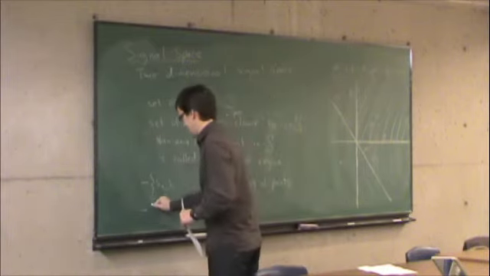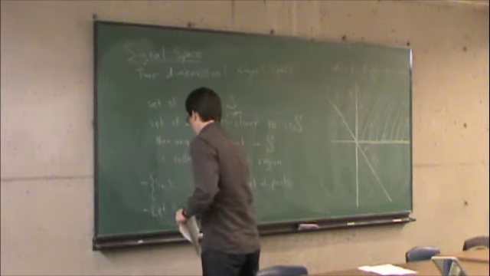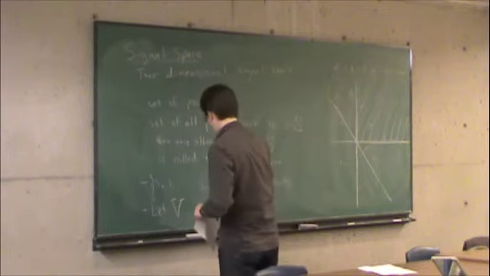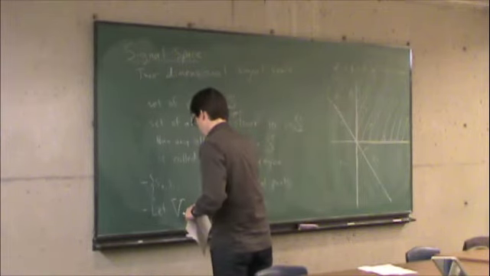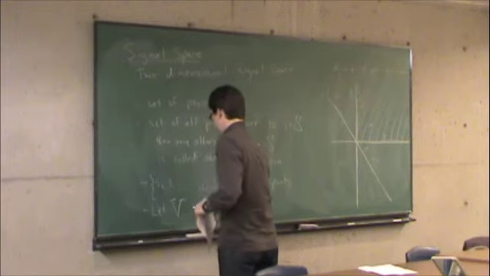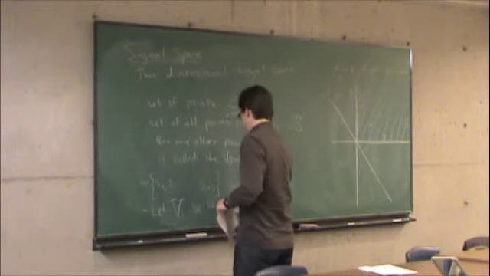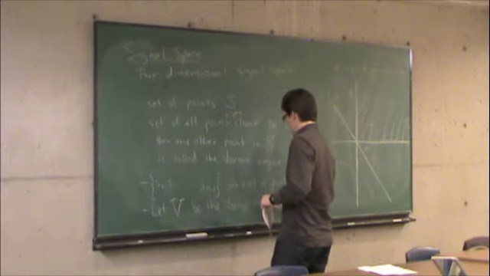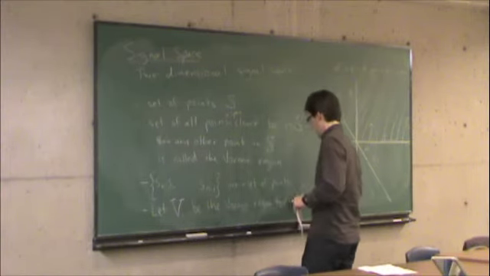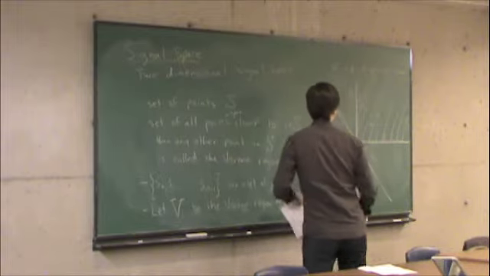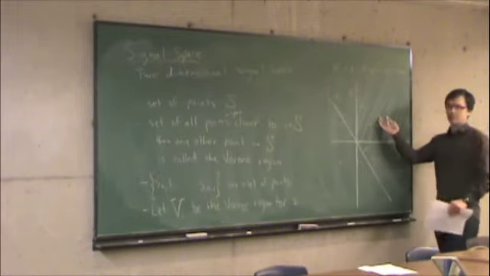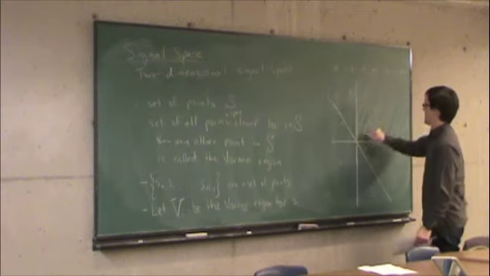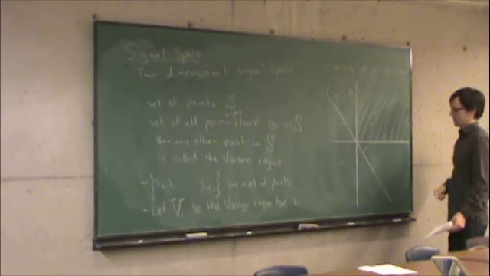And I'm going to let V sub I be the Voronoi region for SI. So in this case, the Voronoi region for S0 is the upper right-hand quadrant, like so. What do you think it would be for S1?